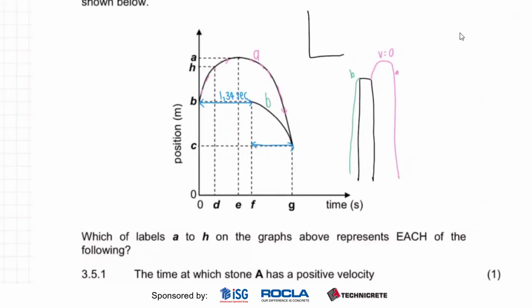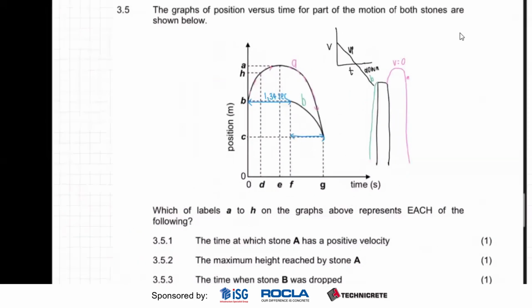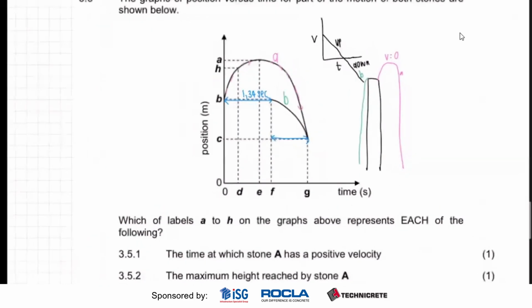It would decrease in velocity till it gets to zero, and then decrease more in velocity because it's going downwards. So this is going upwards, and this one is going downwards because its velocity is increasing downwards as we're going towards the ground. So when on our graph does stone A have a positive velocity? When is stone A going upwards?